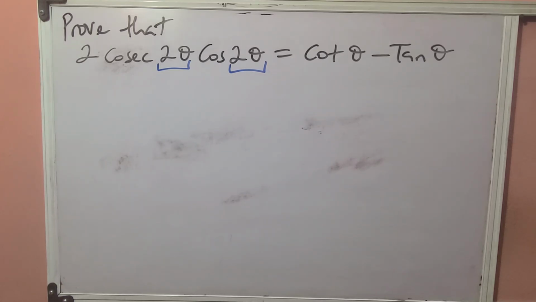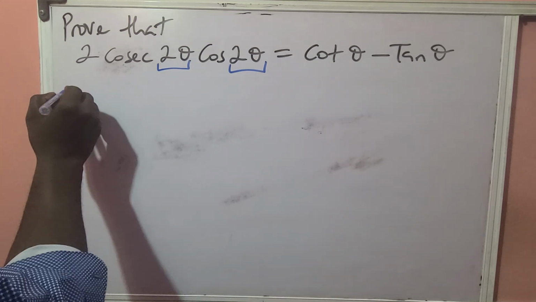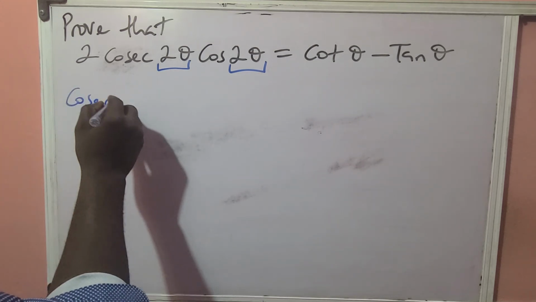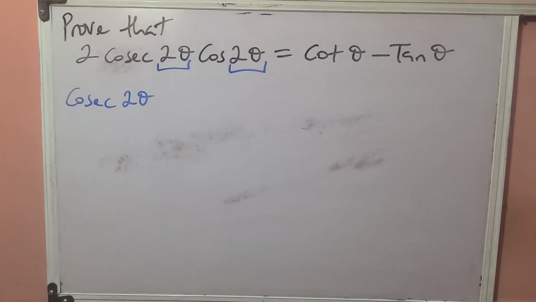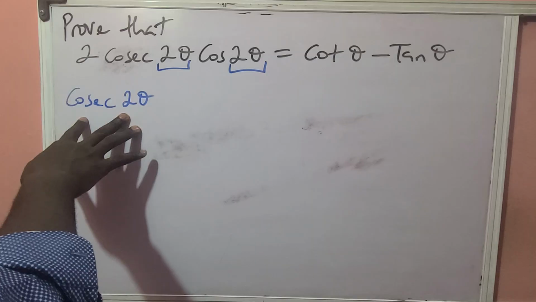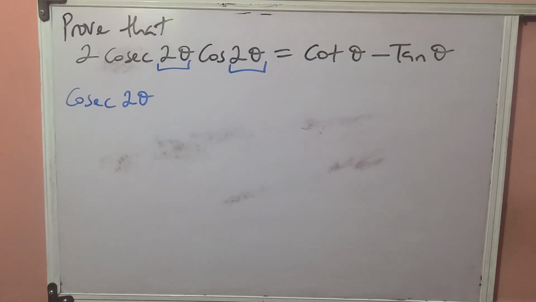Now, I'm sure many of you will be thinking you've never come across a double angle for the cosecant of 2 theta, because obviously we dealt with just the sine, cos, and tan. So you probably are feeling, how are you going to be able to resolve this? Well, this is where your basic identity comes into play.